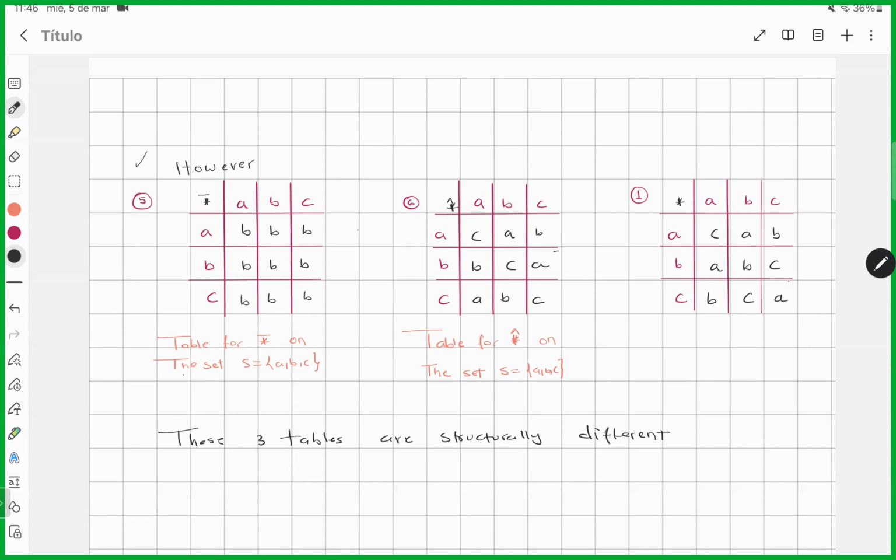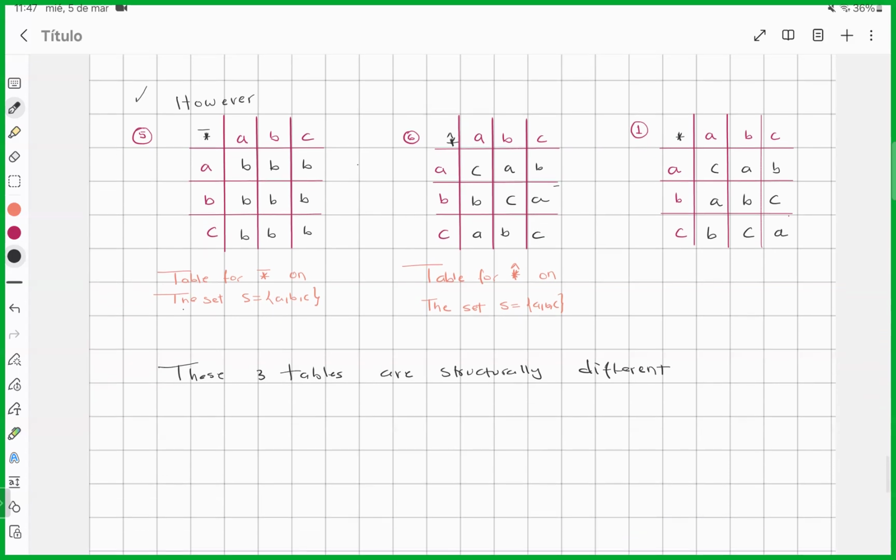Okay, why? Well, because if we observe the body of table 1, here the elements appear exactly 3 times. But in table 5, the body of the table contains the unique element B. Similarly, in table 1, one element operated with itself will give us 3 different values, but in table 6, if we do the same, we will get a unique value, which in this case is C. So they are different.